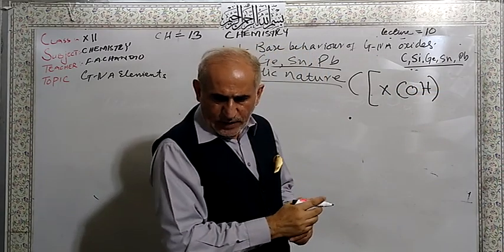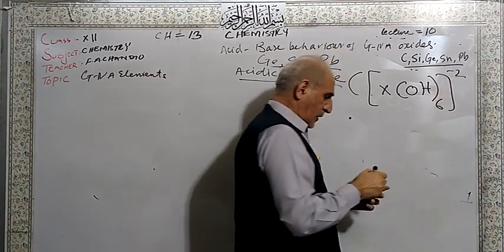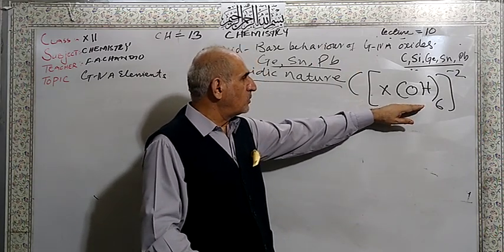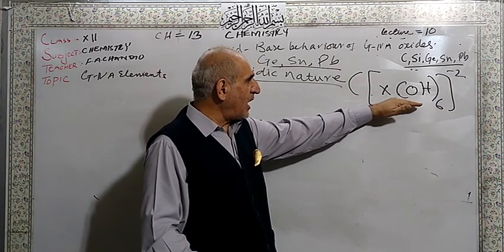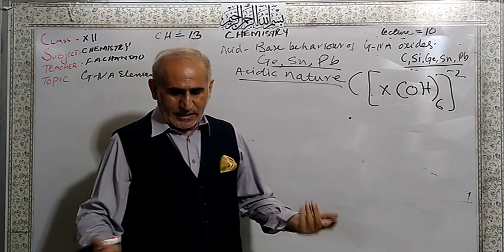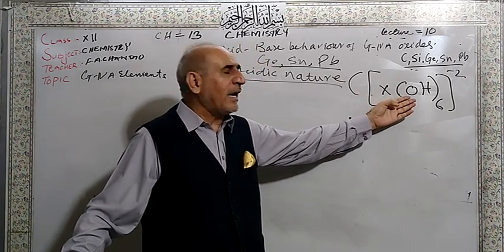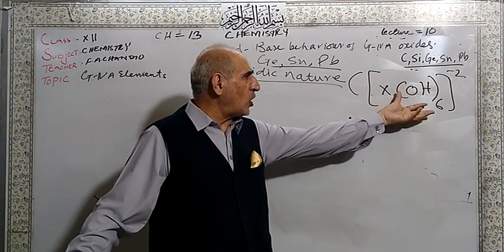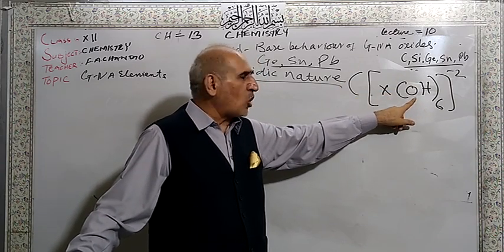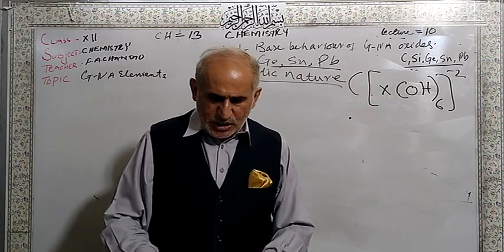Like this: hexahydroxoplumbate(IV), 2 minus. We have to put 8 if there is an anionic ligand, a negative ligand. The ligand is in a small bracket. This is the whole complex, hexahydroxoplumbate, negative 2. This condition is given here.